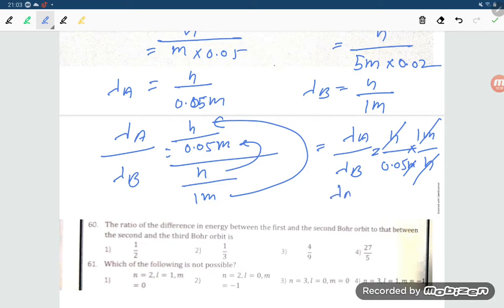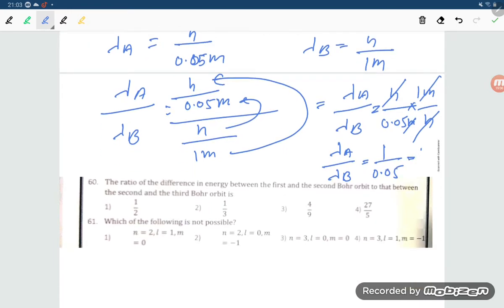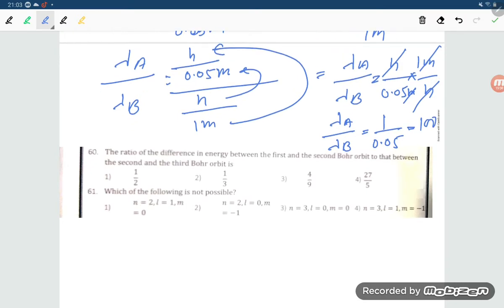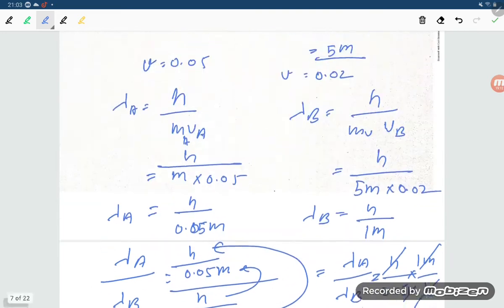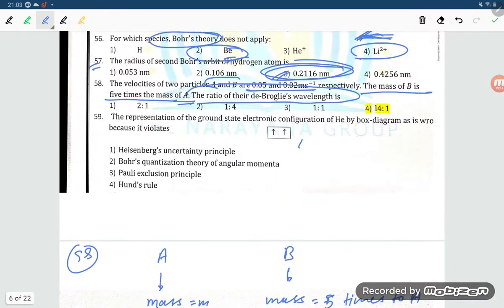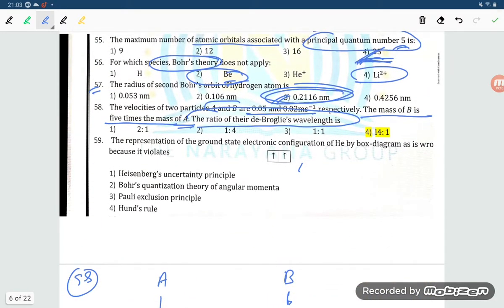So lambda A upon lambda B is equal to 1 by 0.05, which is 100. So lambda A upon lambda B is coming as 100.